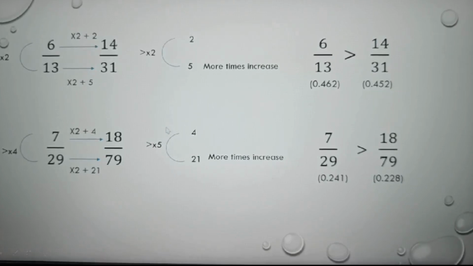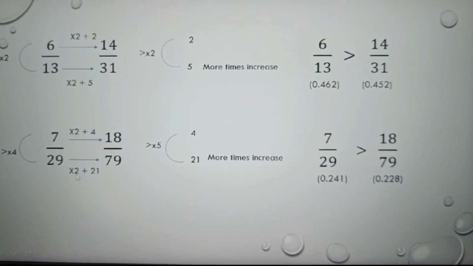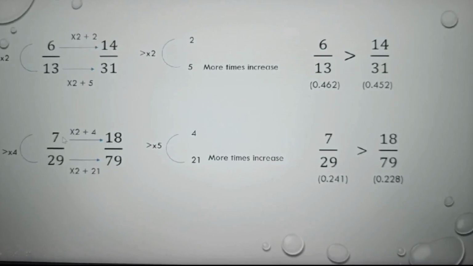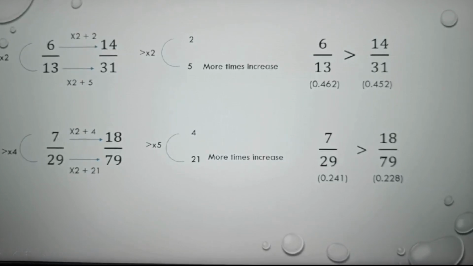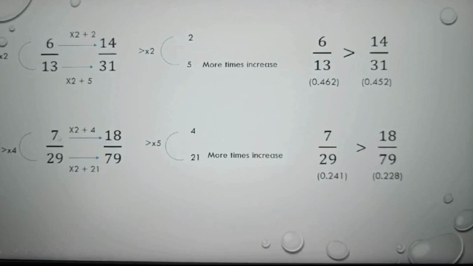So finally, the fourth pair of fractions observed here, 7 by 29 with 18 by 79. Here the numerator is increased into 2 plus 4, denominator is increased into 2 plus 21. Here the old fraction, smaller fraction, numerator is 7 and 29 compared. 29 is more than 4 times of 7.